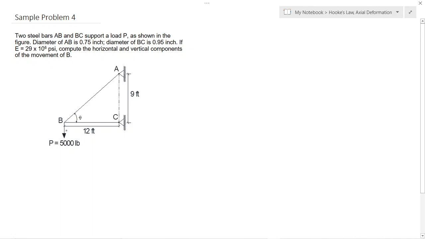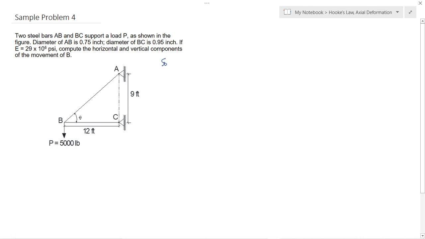By observation, you may realize that member AB is in tension, while member BC is in compression, because when you load this, this one is tensile, and this one will compress, once you apply the load P. Okay? So, what to do first?